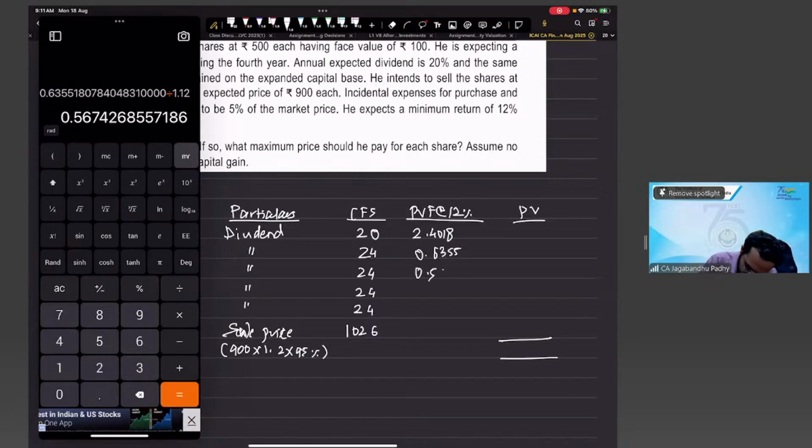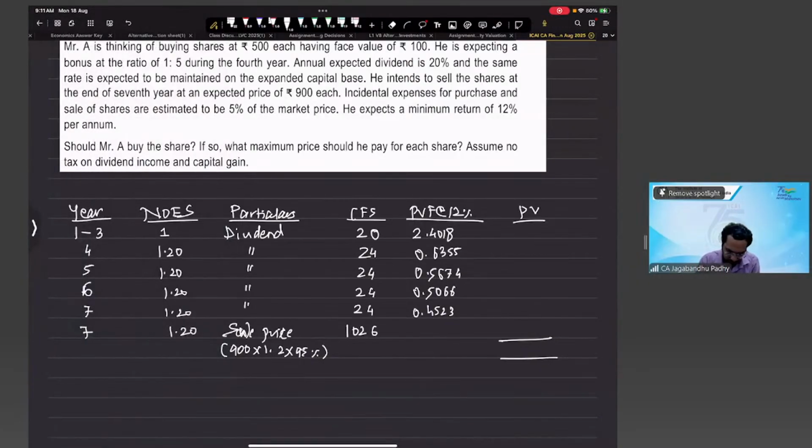Then it is 0.5674. Then it is 0.5066. Then it is 0.4523. And this is also 0.4523. Now multiply them and give me the total.